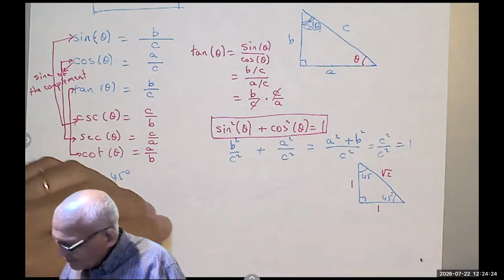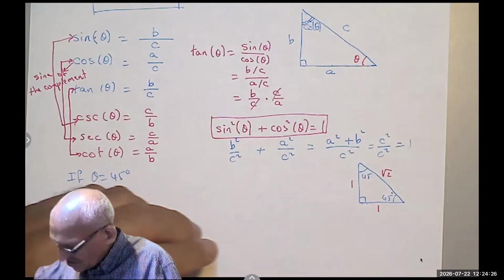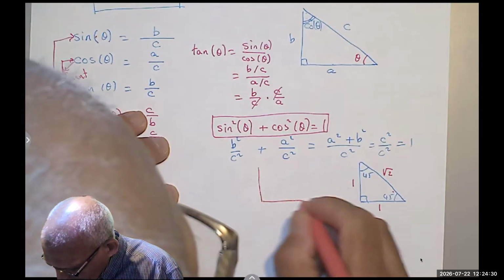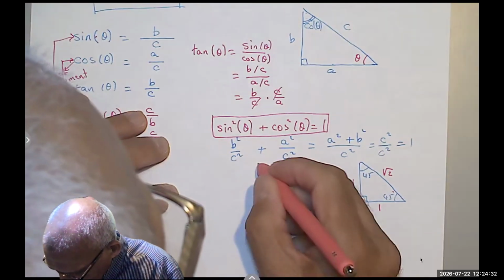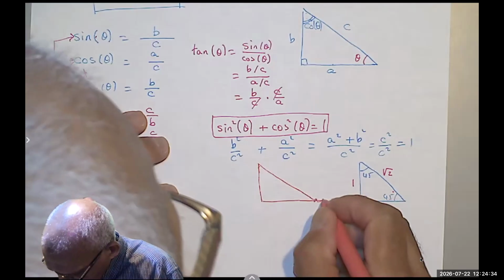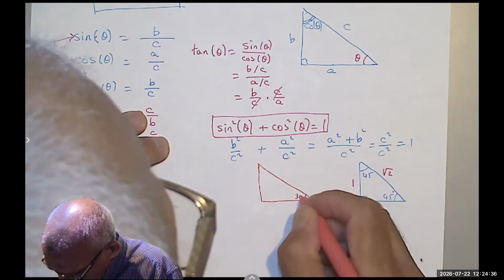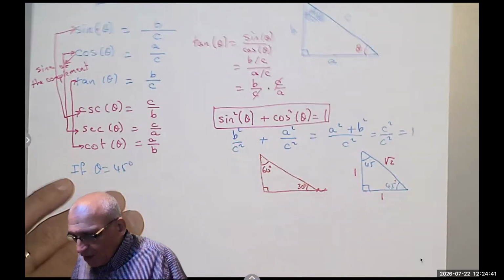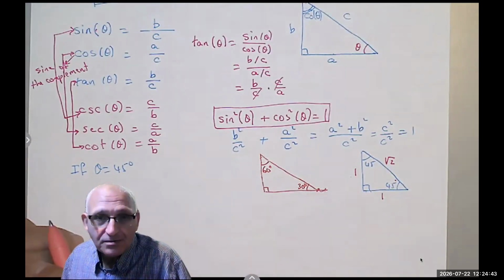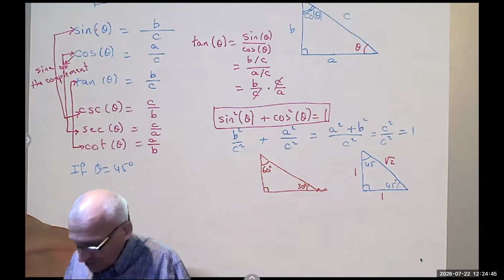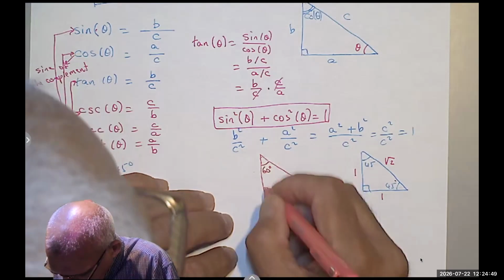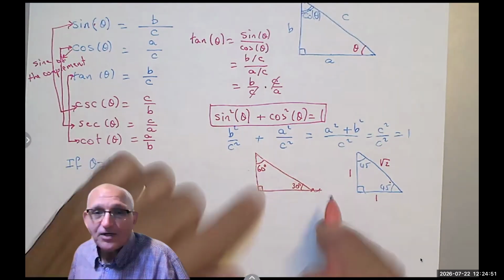We also found another interesting relationship in a right triangle whose one angle is 30 and the other is 60. We found that the opposite side is always half of the hypotenuse.